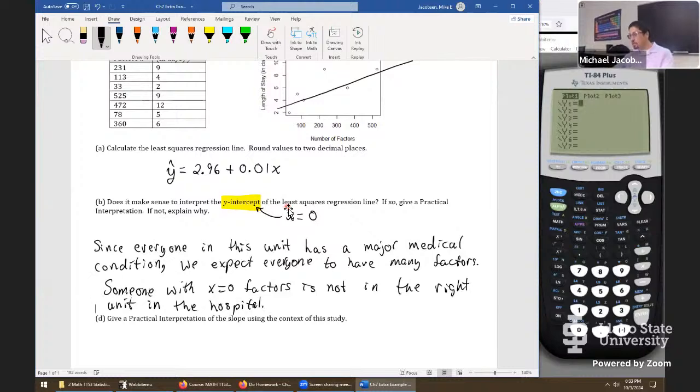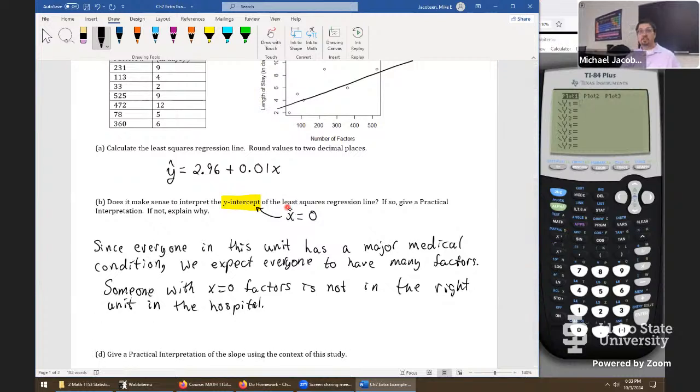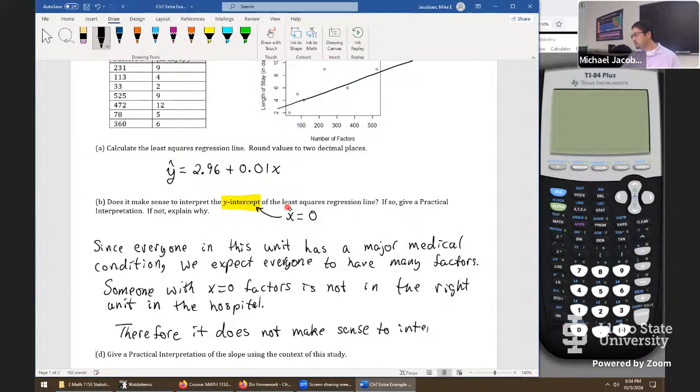So let's say down below here, oh, let me fix that. Let's say therefore, it does not make sense to interpret the intercept.